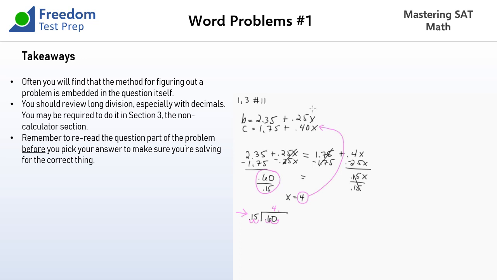So let's just put it up here, just for ease. Now, we know that 0.25 is, you can think of it like a quarter, 25 cents. 4 quarters is $1. So this is going to be equal to 2.35 plus $1, which is 3.35. And our answer is D.